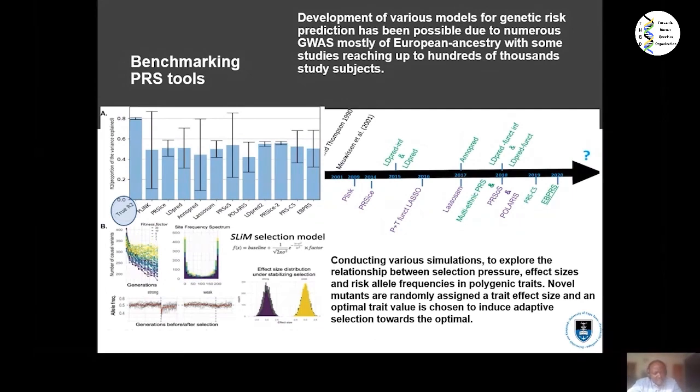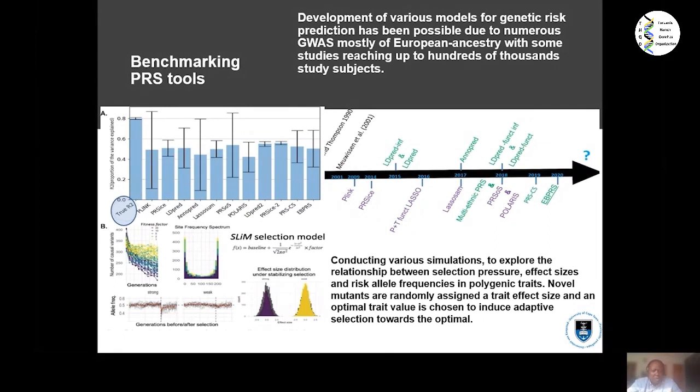So the message from this simulation, where we tried to understand the relationship between selection pressure, effect size and the allele frequency spectrum, is that strong selection results in a weaker effect, and that can limit deviation from the optimal trait value, which may help to explain polygenicity.